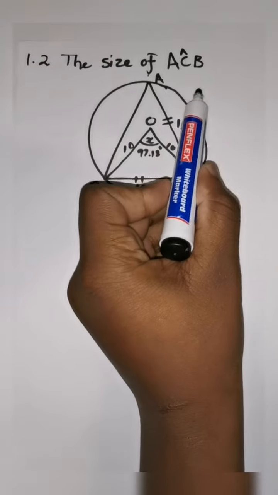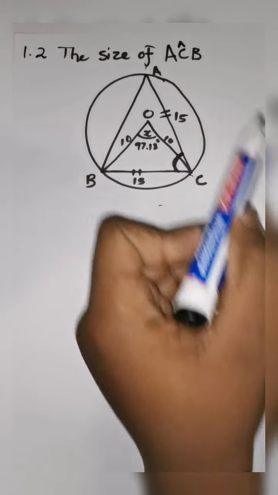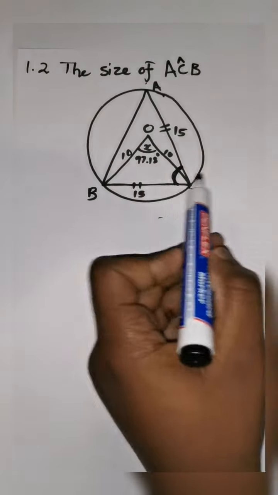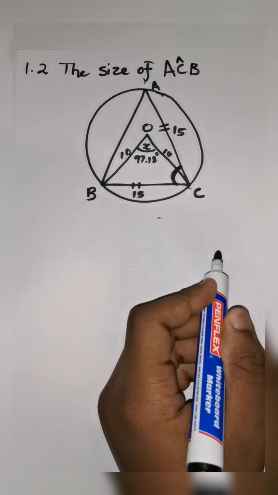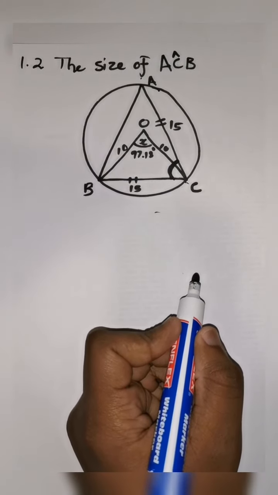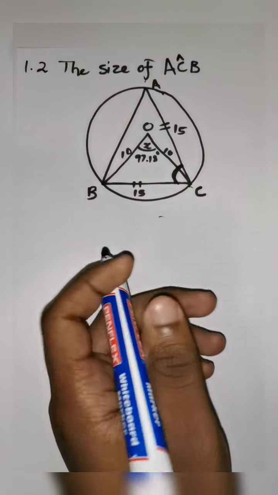That's why this notation is very helpful, because an angle can sometimes be formed by two components, like in the case of C. So that's why this notation is very important. Okay, back to the question.